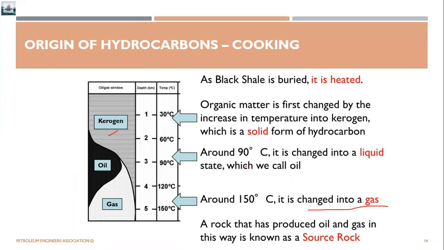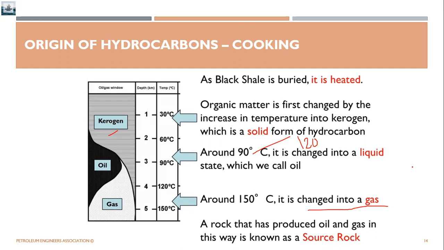Normally for the liquid hydrocarbons, the temperature is around 90 to 120 degrees Celsius, which we call the oil window. So if not 90, then it can be at least 120 as well. That is what we call the oil window, right? During the oil window, we have the liquid hydrocarbons, or the liquid state of the kerogen.